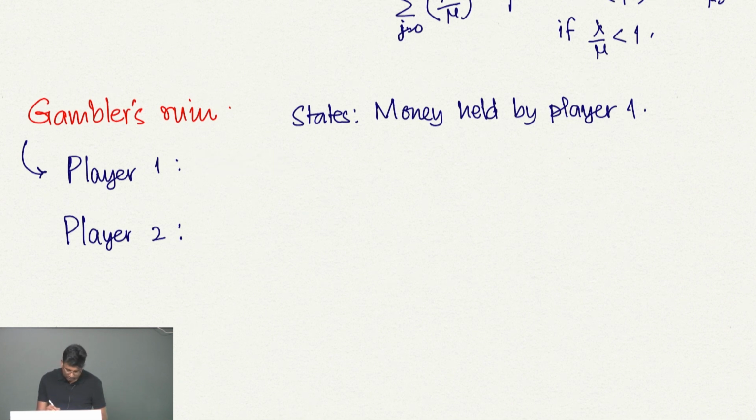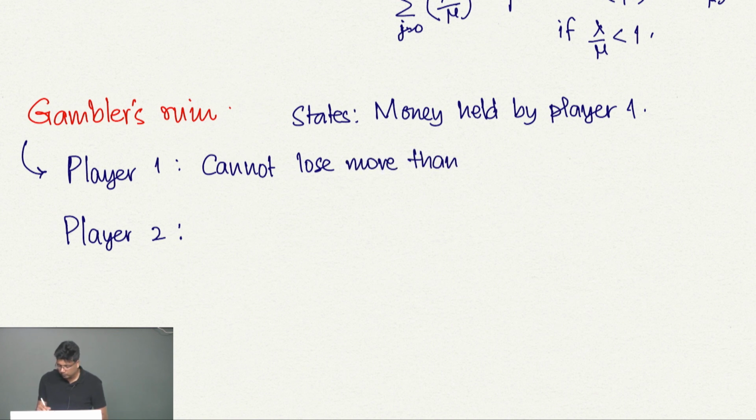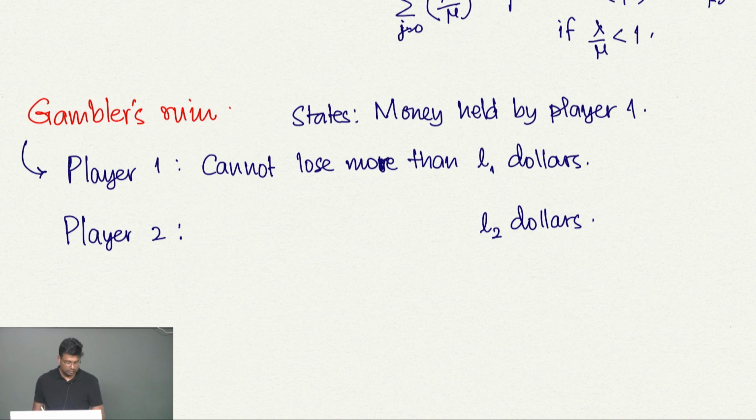Player 1 cannot lose more than L1 dollars, let's say. And similarly, player 2 cannot lose more than L2 dollars.